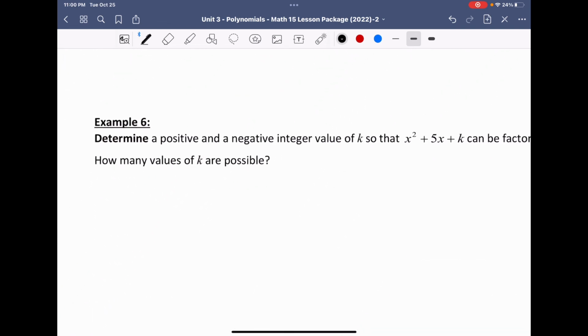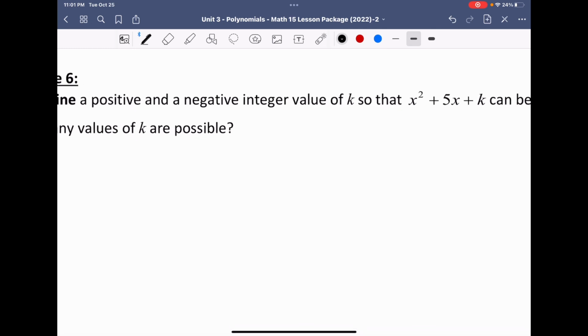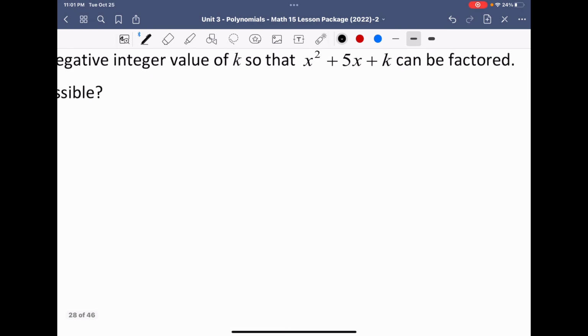All right, now finally, determine a positive and negative integer value of k such that x squared plus 5x plus k could be factored. How many possible values of k are possible? Based on this trinomial, we multiply to make the outside term and add to make the middle term.